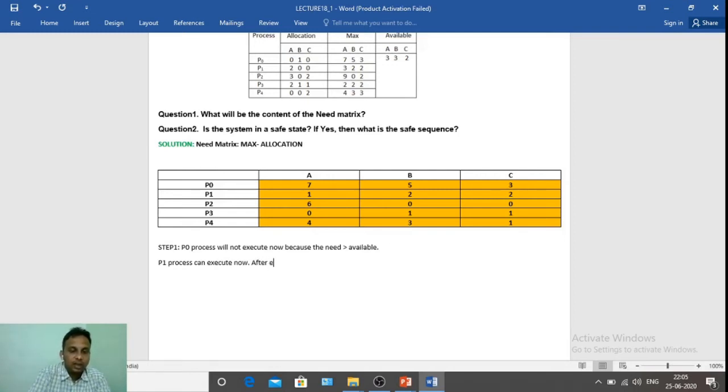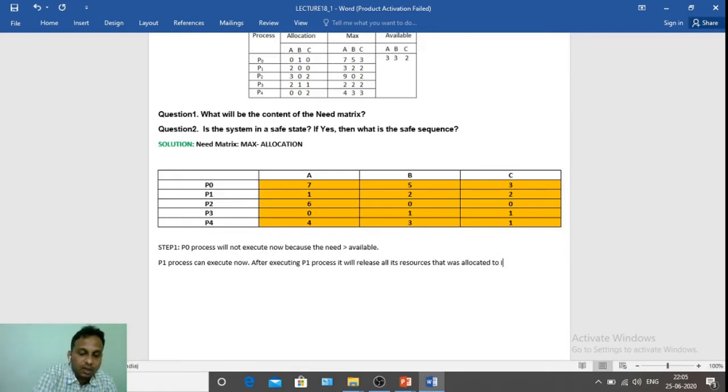After executing P1 process, it will release all its resources that was allocated to it.